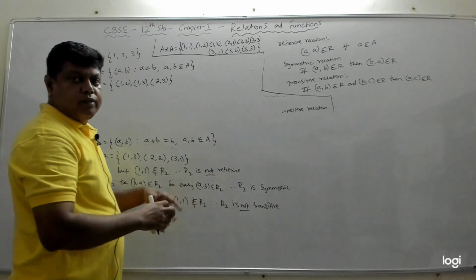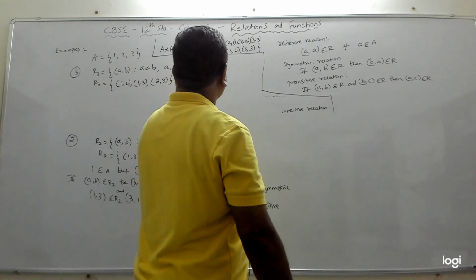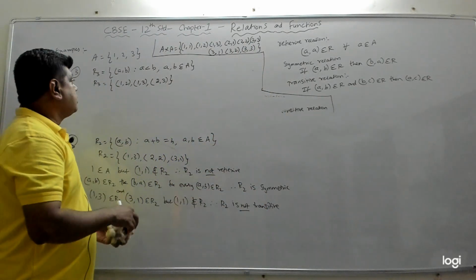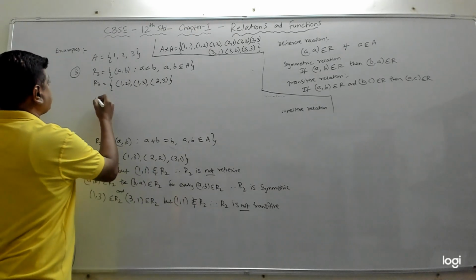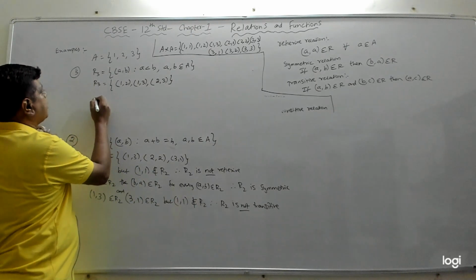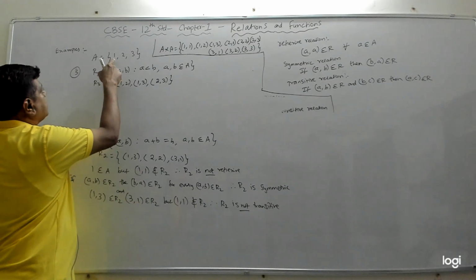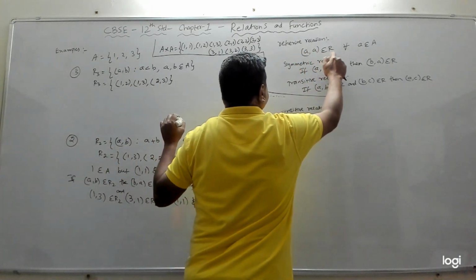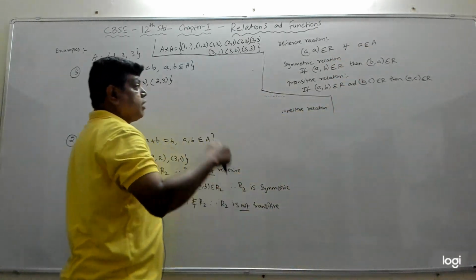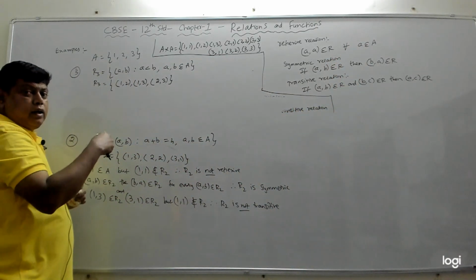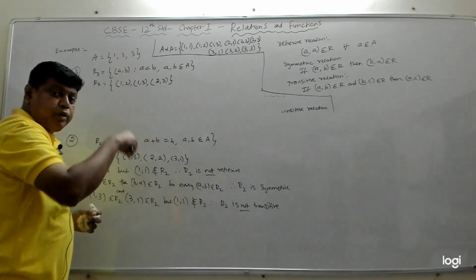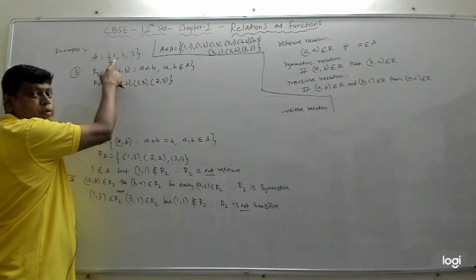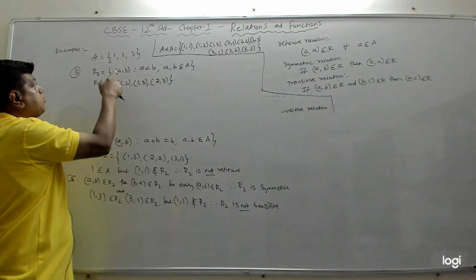Now we'll check whether this relation is reflexive, symmetric and transitive. For reflexivity, (a, a) should be in R for every a in A. If I take 1, then 1 should be related to itself, which means (1, 1) should be in R. Is (1, 1) in R?